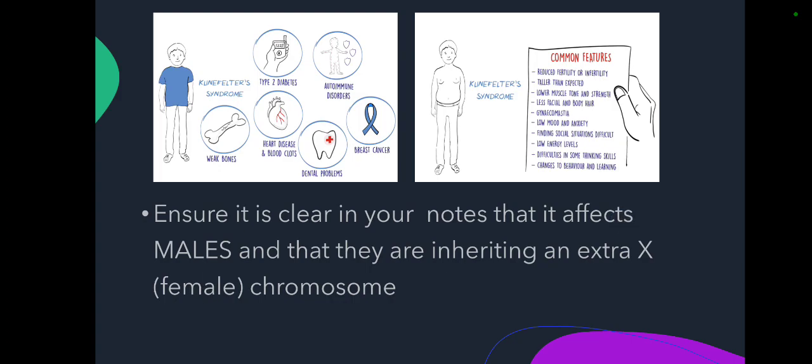Okay. So you should have been able to take some good notes there. All I've done at the moment is screenshot some of the most important aspects of that video clip. Obviously all the other stuff is really good as well, but you do need to ensure that it is clear in your notes that this affects biological males, okay, and that they are in fact inheriting an extra X female chromosome.